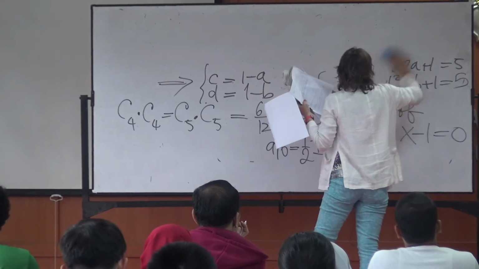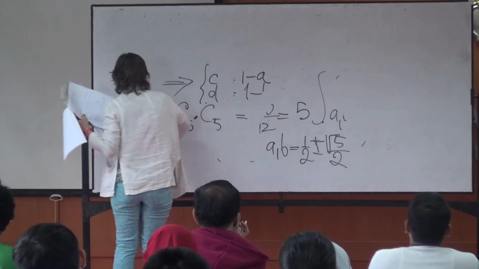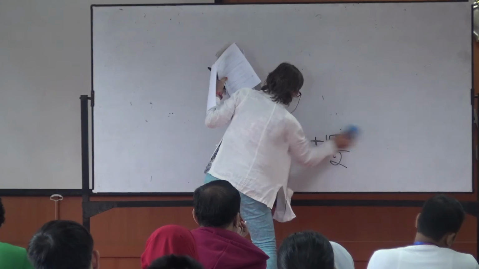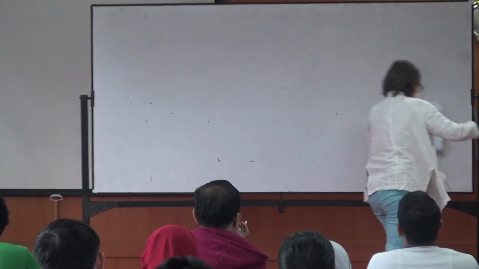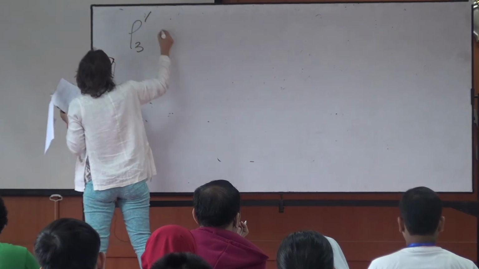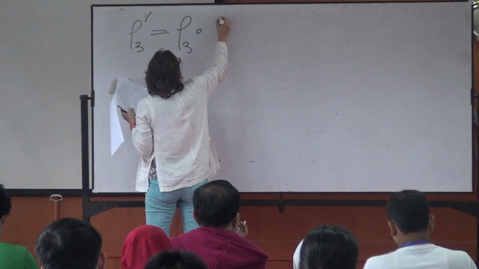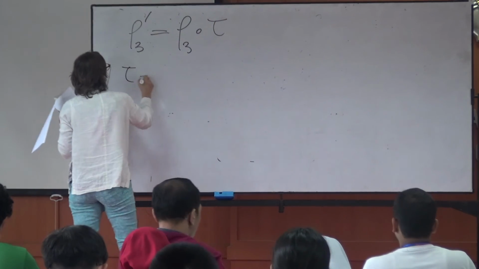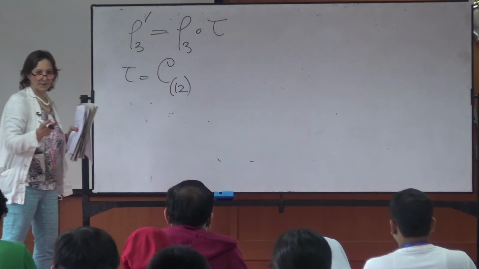So what we have is that rho 3 prime is equal to rho 3 composed with, let's call it tau, and tau is the conjugation by the 1-2 cycle.